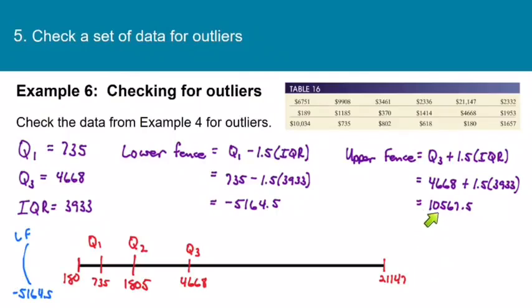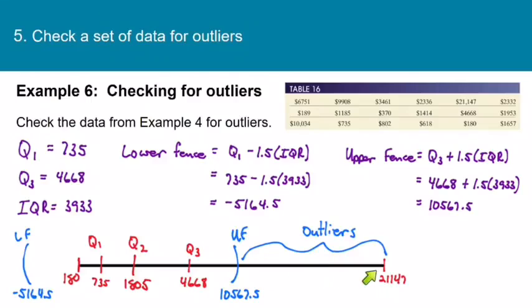But the upper fence is 10,567.5, which is going to go about here. And any numbers that are outside the upper fence are also considered outliers. And I know we have at least one. We have 21,147 as our largest value. That's clearly outside the fence.